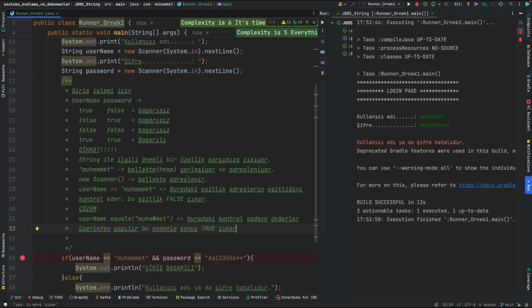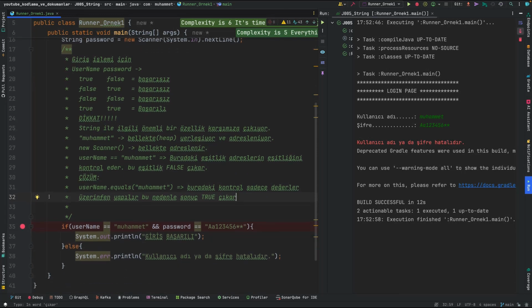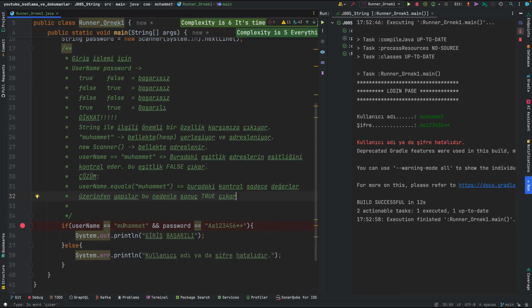But if you write it directly as a string, there's a concept called the string pool. Because of the string pool, equality is achieved. That's a completely different thing. We'll touch on that and talk about it later. But the problem here is caused by the addresses not matching each other. That's why you use username.equals here.